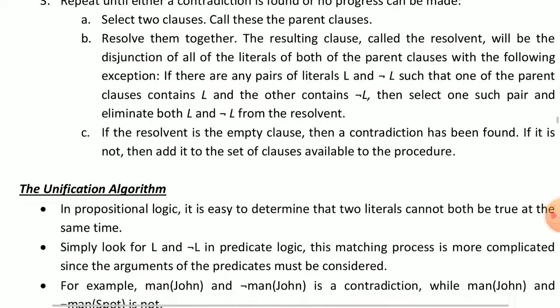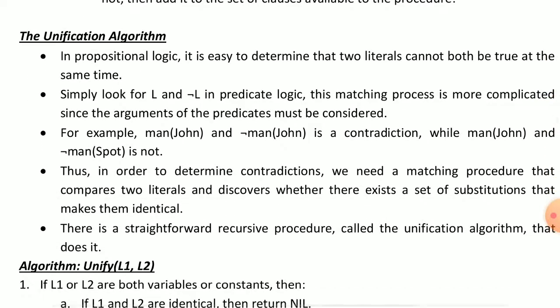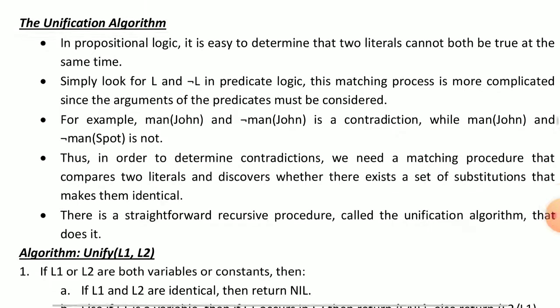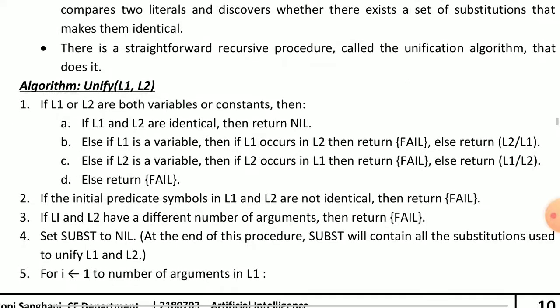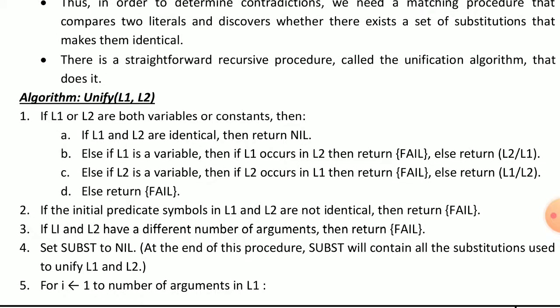Third, the unification algorithm is given; in this algorithm the basic procedure is given, and there are no steps present. And fourth is the algorithm for Unify L1 comma L2, in which 6 different steps are given, and we take L1 and L2 as variables or constants.